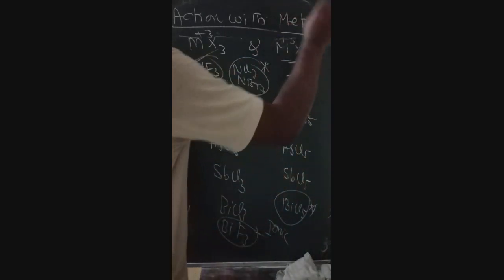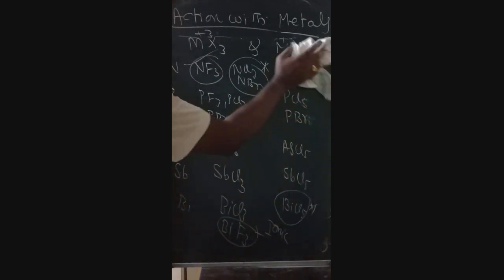Reaction with metals. The elements of this group react with metals to form nitrides, especially binary compounds. These nitrides exhibit the -3 oxidation state.